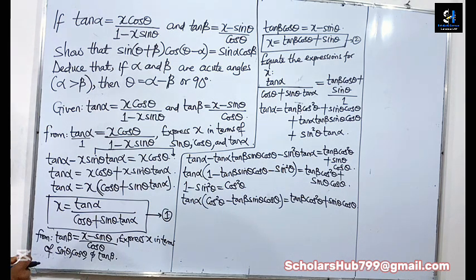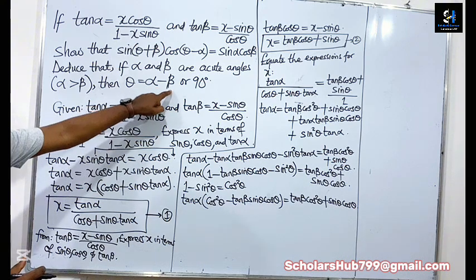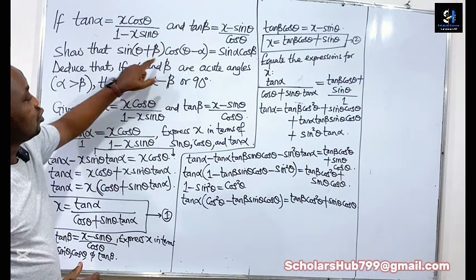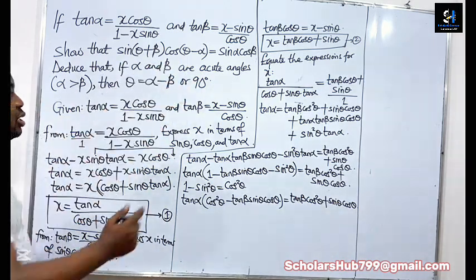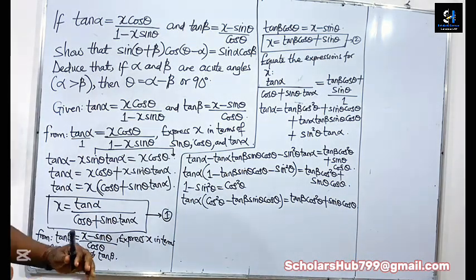Let's not forget that I want to show that theta is equals to alpha minus beta. Then I can use this to prove that the product of these two identities is equals to sin alpha cos beta. That is the only way I understand how to solve the question.